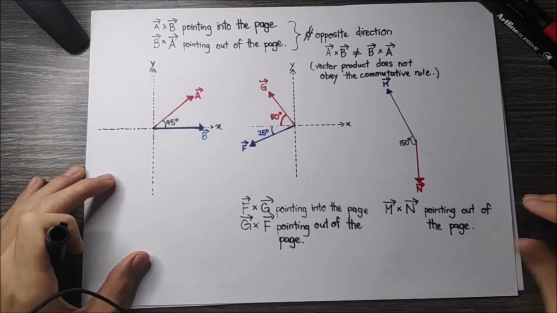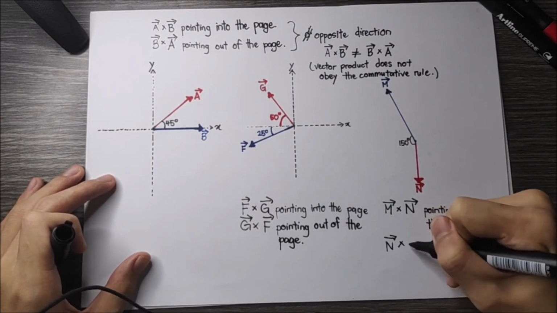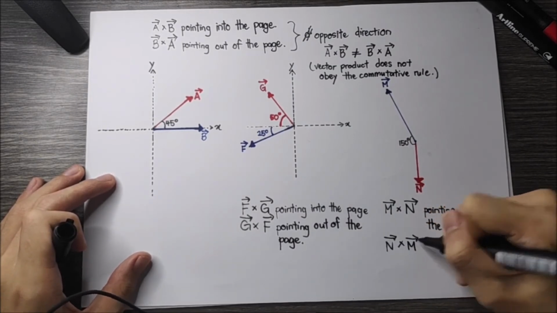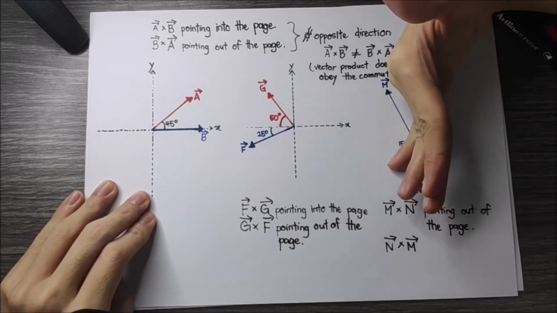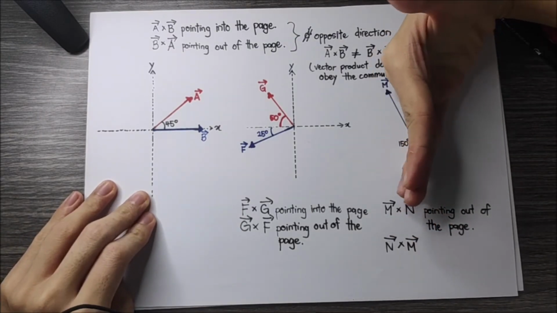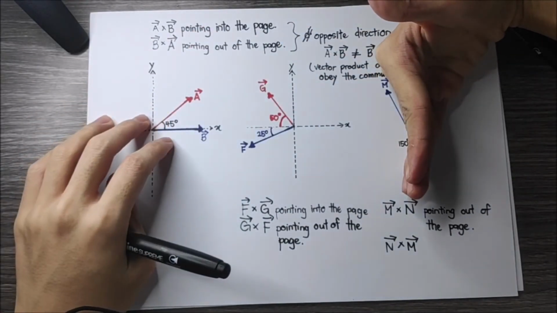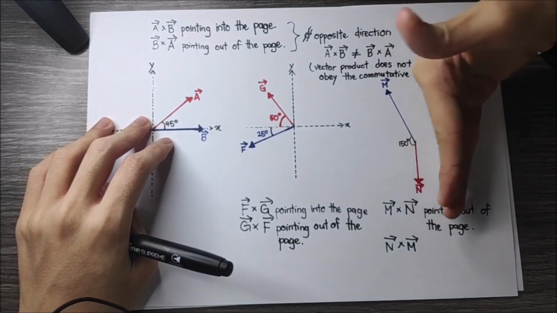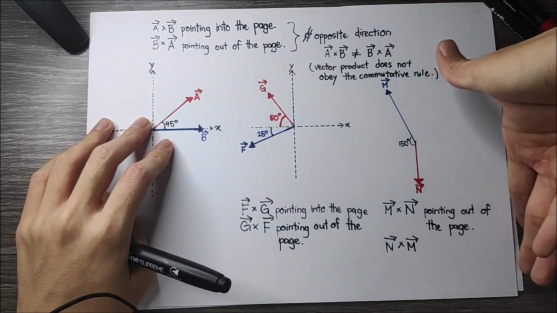Last example here. Let's say you are doing N cross M. We need to position our fingers in the direction of N first. If we position like this, is it correct or not? No, because our palm will be facing that way. We want our palm to face the second vector. So we should flip it like this.